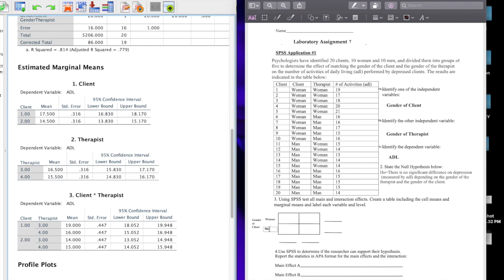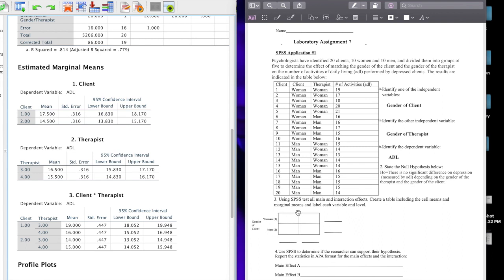And I had coded, I should have done this, man 2, parentheses, and I had coded woman 1. Okay, so I have my IV gender of client, and then woman coded 1, and man coded 2.